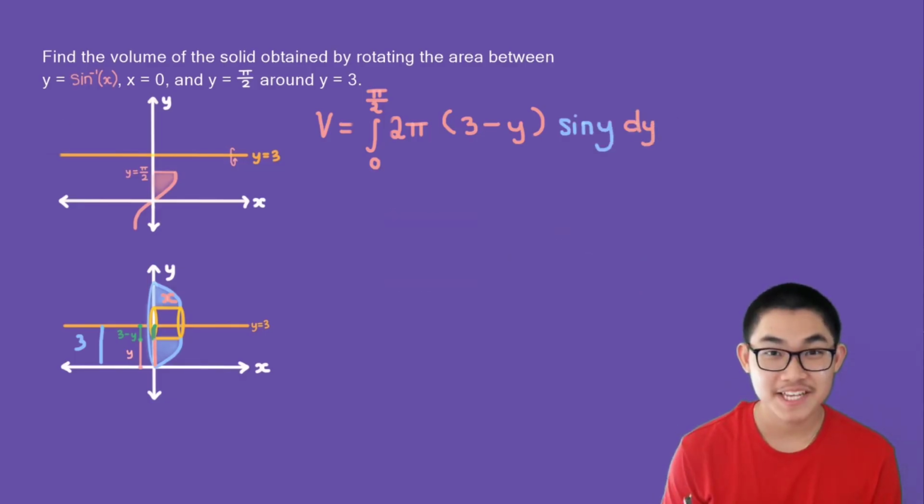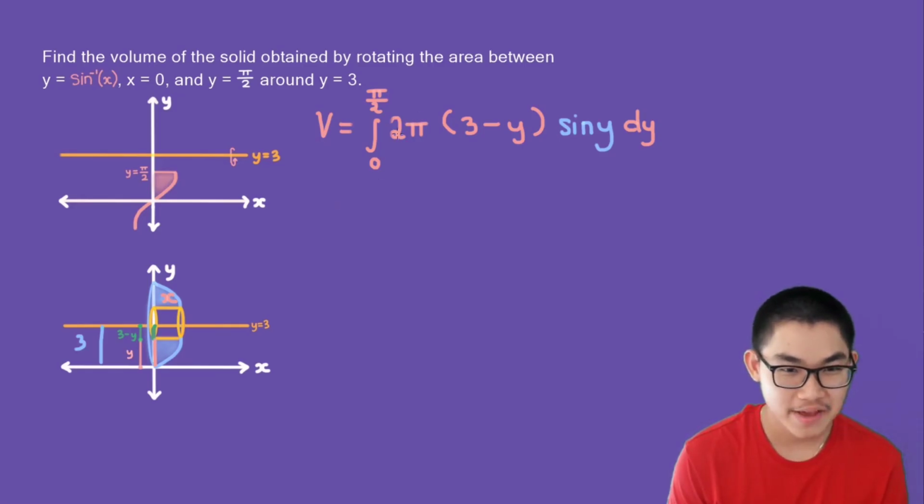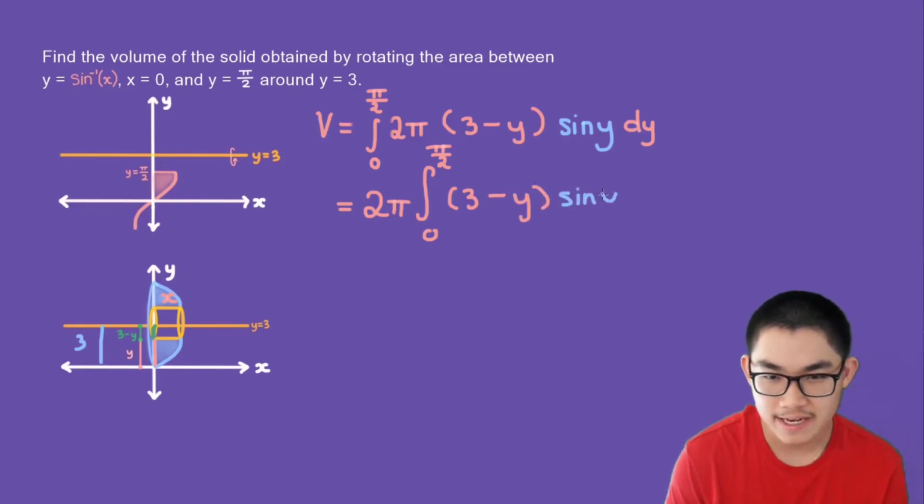The last step is to evaluate this integral. Since 2 pi are just constants, we should move them outside of the integral. So we have 2 pi times the integral from 0 to pi over 2 of 3 minus y times sine y dy.